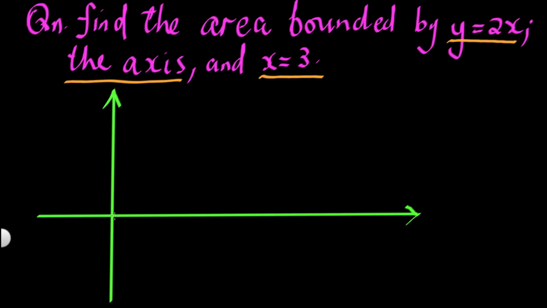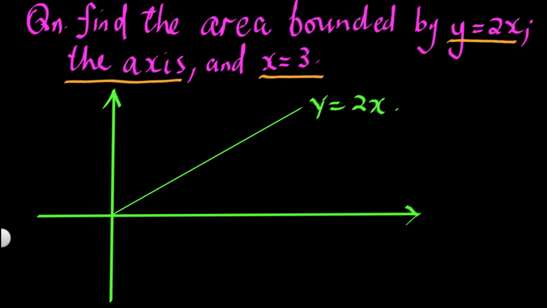This is the line passing through the origin, and it has a positive gradient. I'm going to sketch that line. So the line will be like this. That is the line y equals 2x.